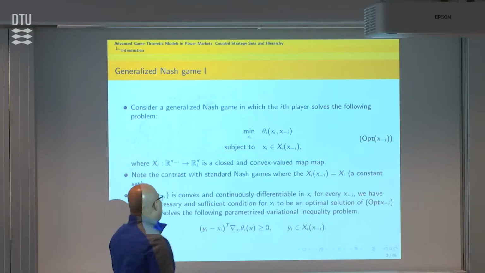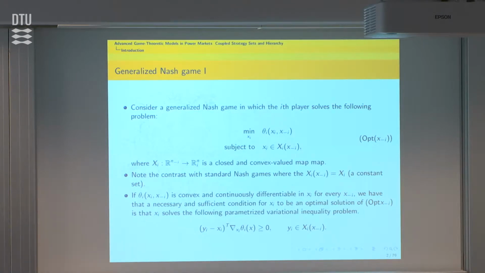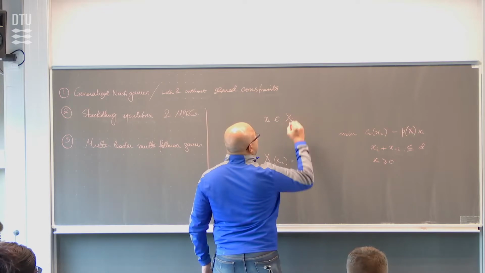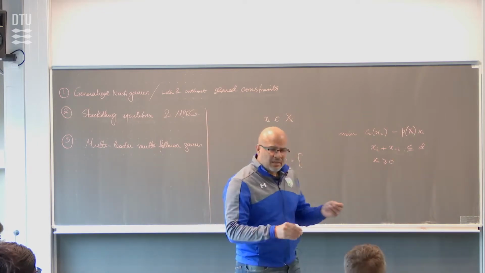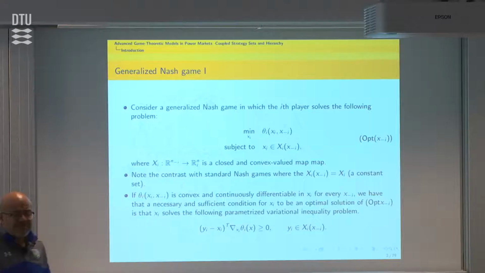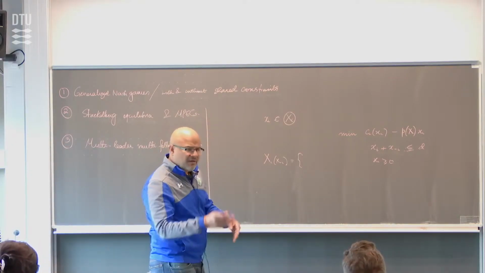So remember in the past you had X_i, and this is a fixed set. So if you have two agents competing, Vladimir and Alfea, if you make decisions, Alfea's decision does not affect the feasible space that Vladimir faces.